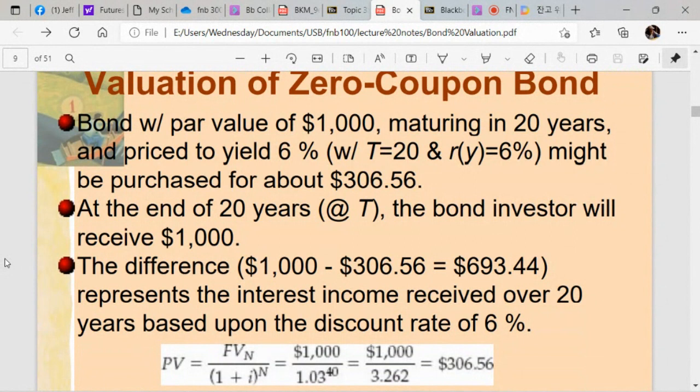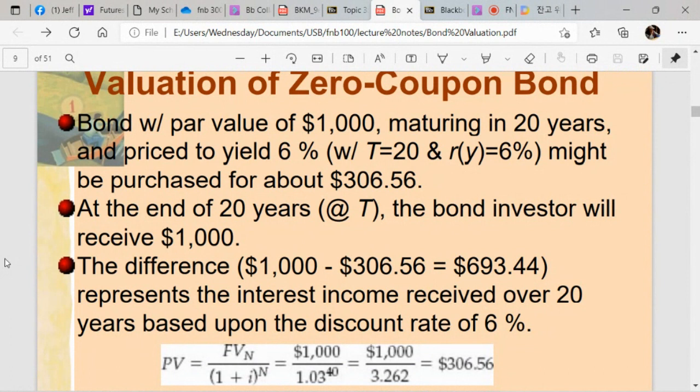Okay? Or another way it is worded is prevailing market rate is 6%. Prevailing market rate is 6%. Or another way it is worded is the bonds, similar bonds, or the comparable bonds pay 6%. Right?